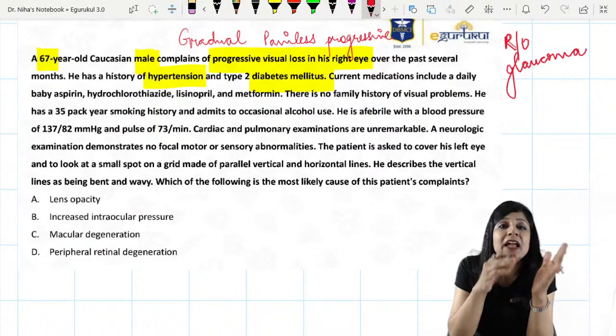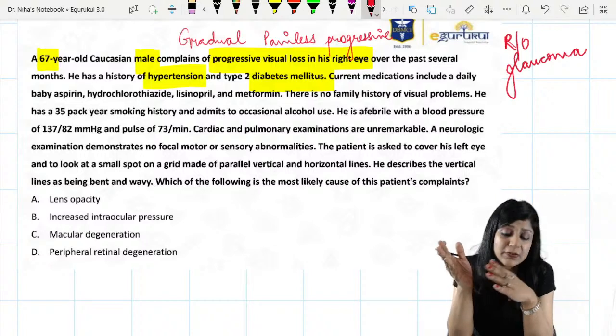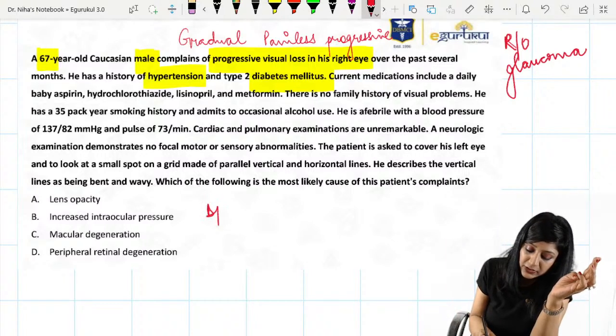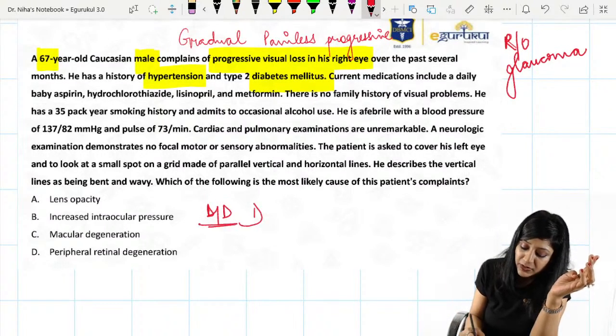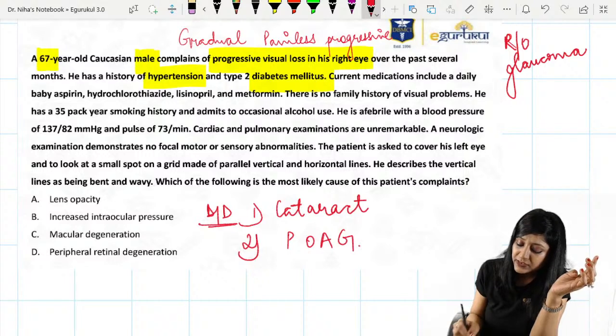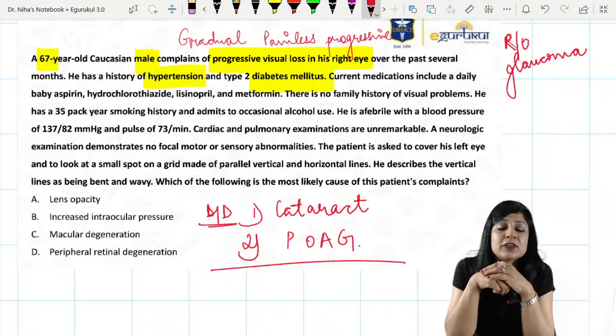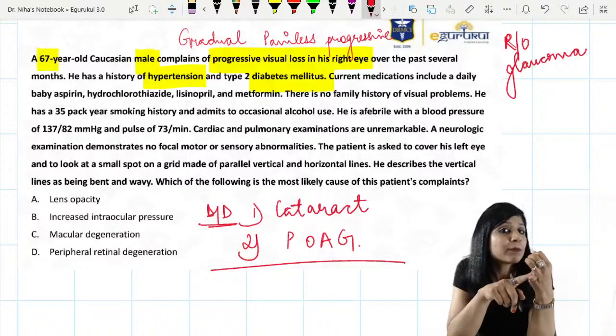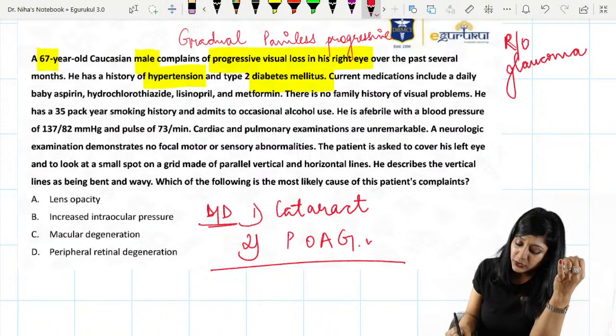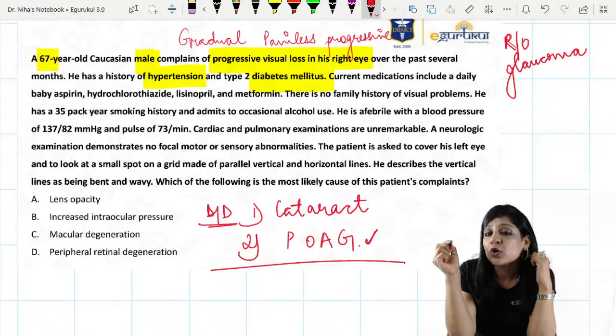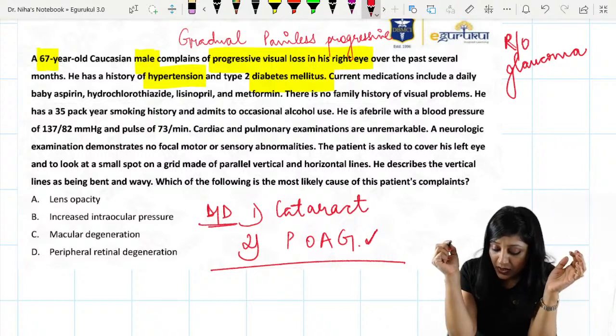Whenever you have gradual, painless, progressive diminution of vision, the two most important differentials are, one, cataract, and the second, primary open angle glaucoma. You have a history of hypertension and diabetes also, so obviously you can think along the lines of glaucoma, but they are saying no family history.